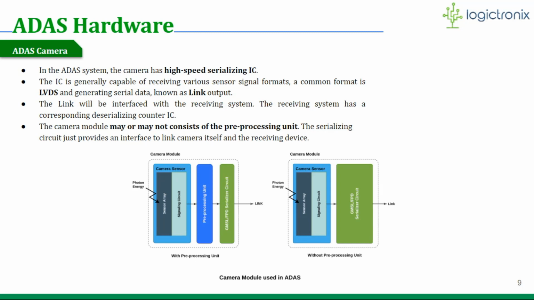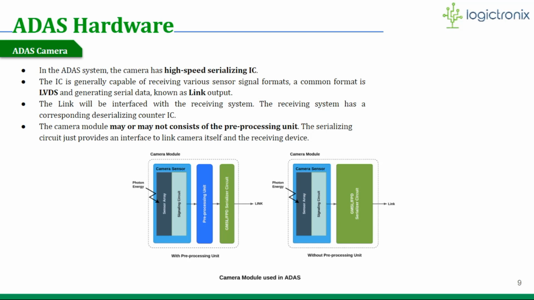In an ADAS system, a camera module has a different story. For interfacing, there are separate circuits. The circuit consists of high-speed serializing and deserializing ICs. The IC is capable of receiving various sensor signal formats, the common format being LVDS, and generating serial data, which is also known as the link output.